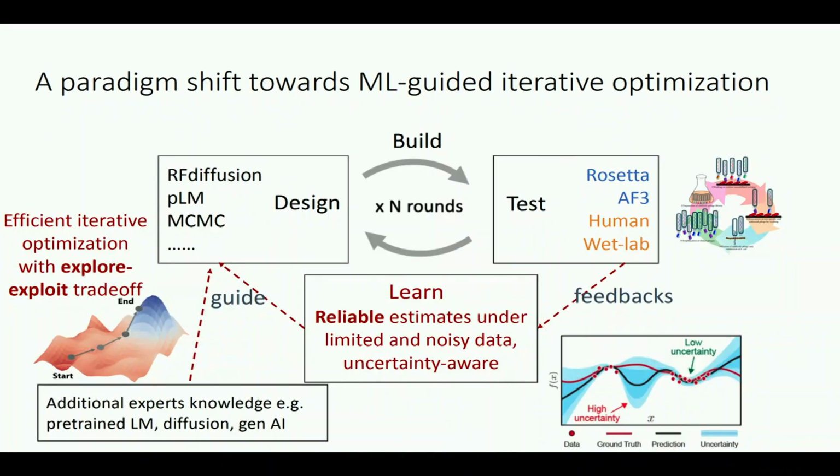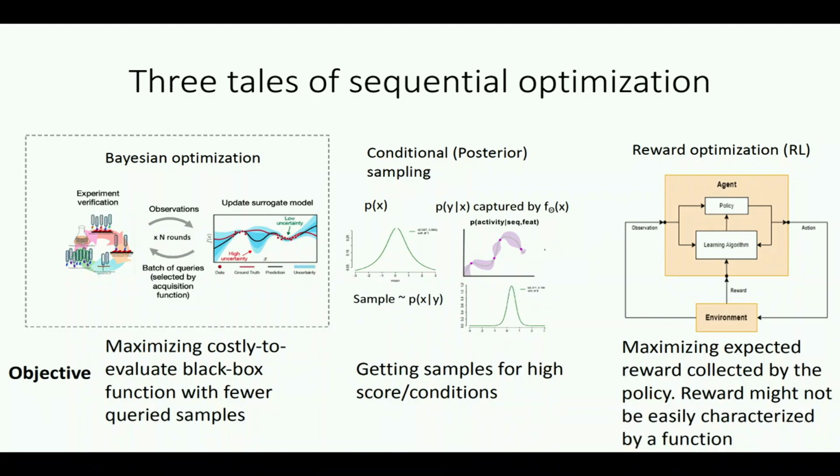So in my point of view, there are mainly three realms of methodologies under this iterative optimization with limited observation scenario. A lot of them actually involve some probabilistic modeling of the world.